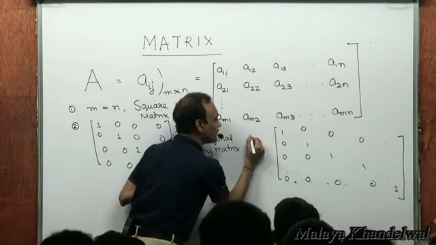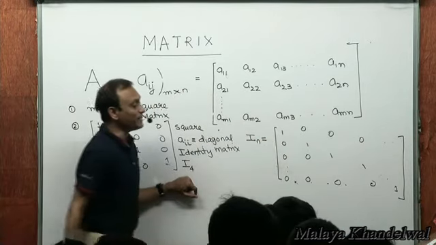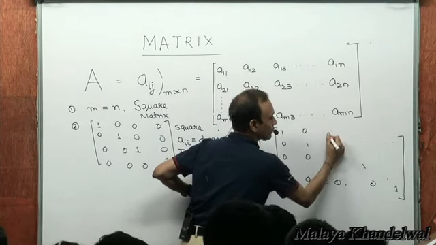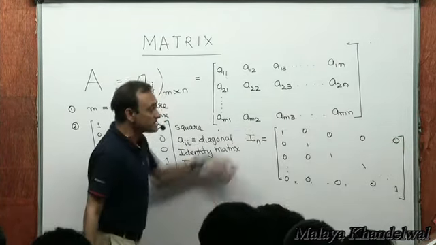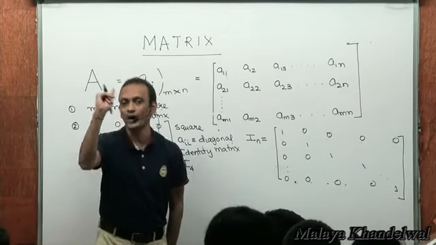This is an identity matrix of order n, with n rows and n columns, and all the diagonal elements are 1.